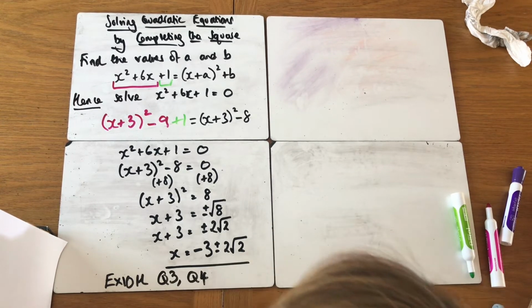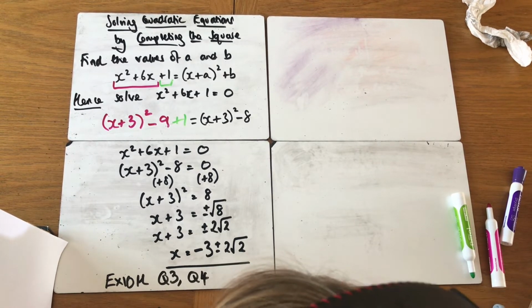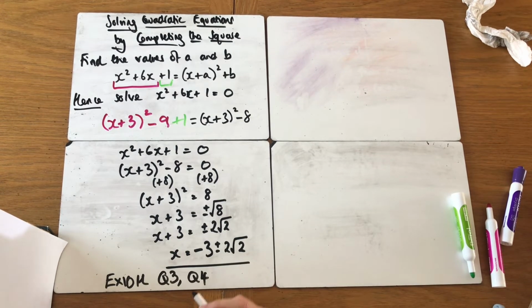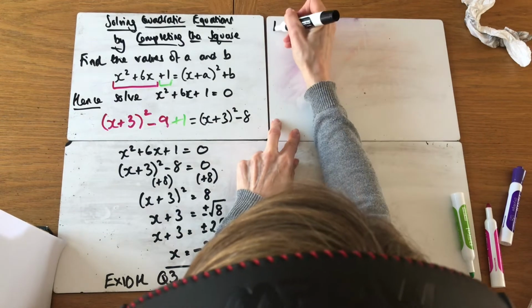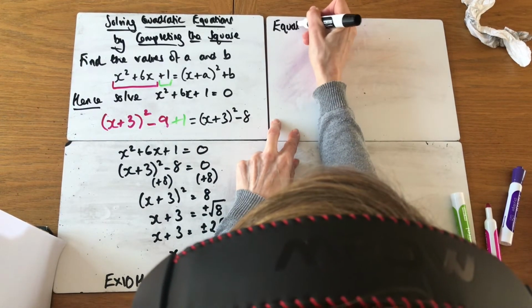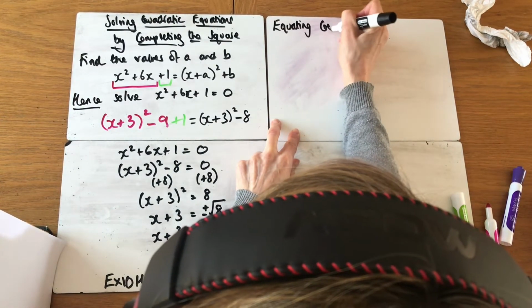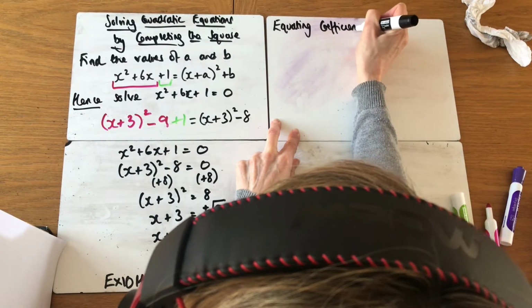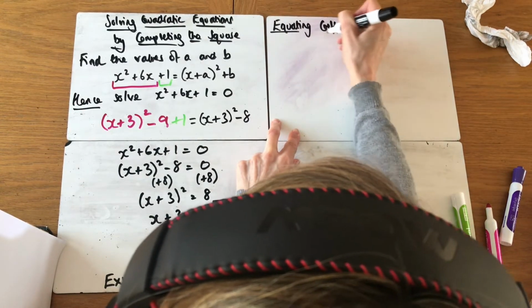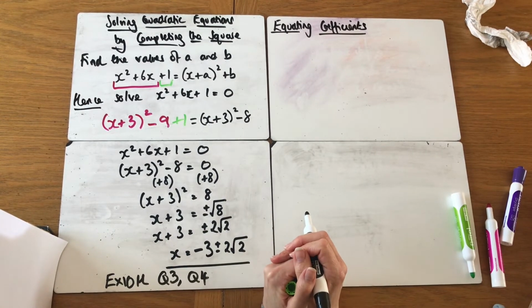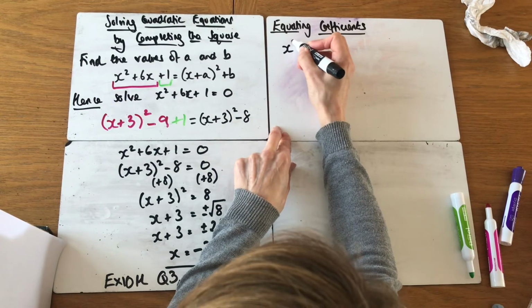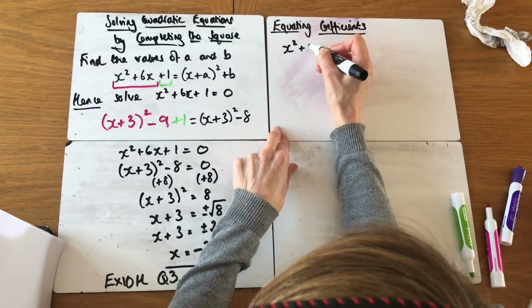Right, so hopefully now you've had a go at some parts from question 2, question 3 and question 4. And to finish off this lesson, we're going to look at something called equating coefficients. So you can write this as a subtitle in your notebooks. So sometimes when we're using the completed square form, we have unknowns on both sides.